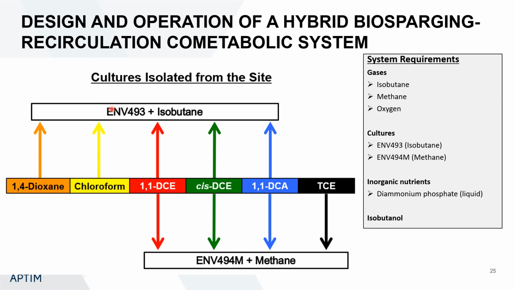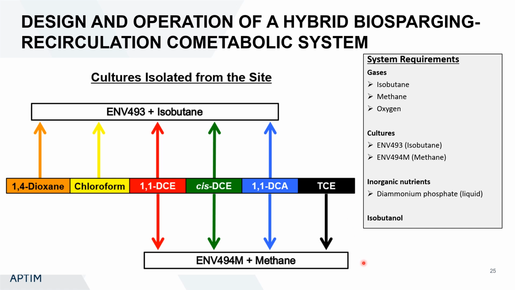And in particular, we knew that ENV 493, the isobutane degrader, could actually biodegrade most of the contaminants that were there, including 1,4-D and chloroform and a suite of chlorinated ethenes and ethanes, but the organism didn't degrade TCE particularly quickly.